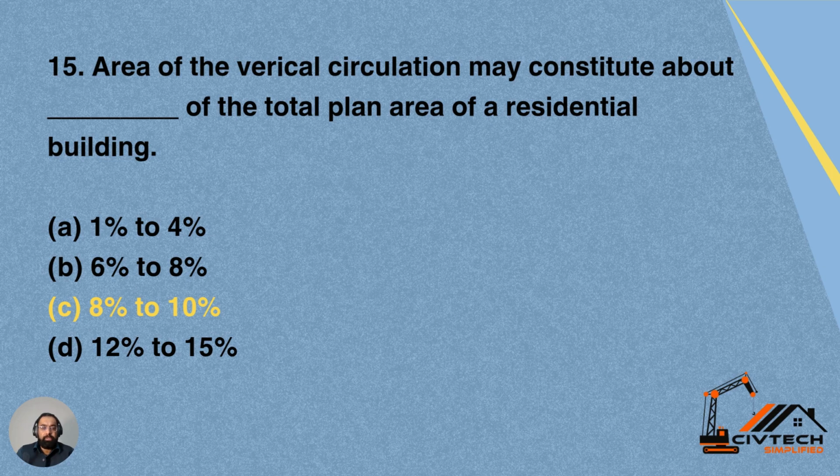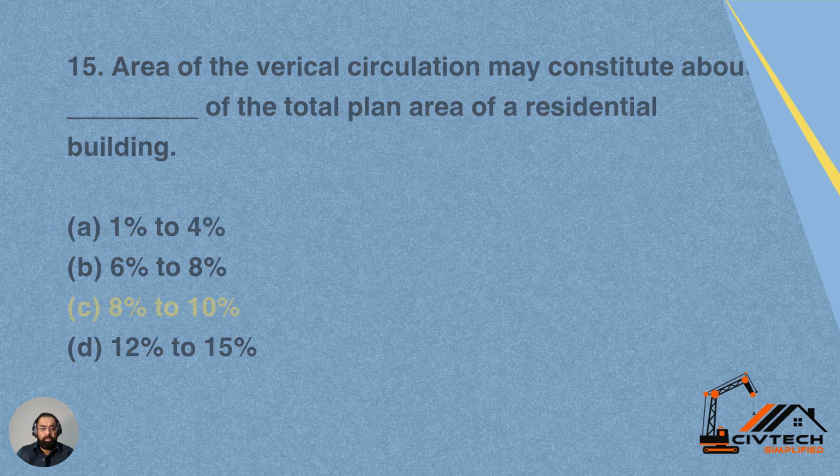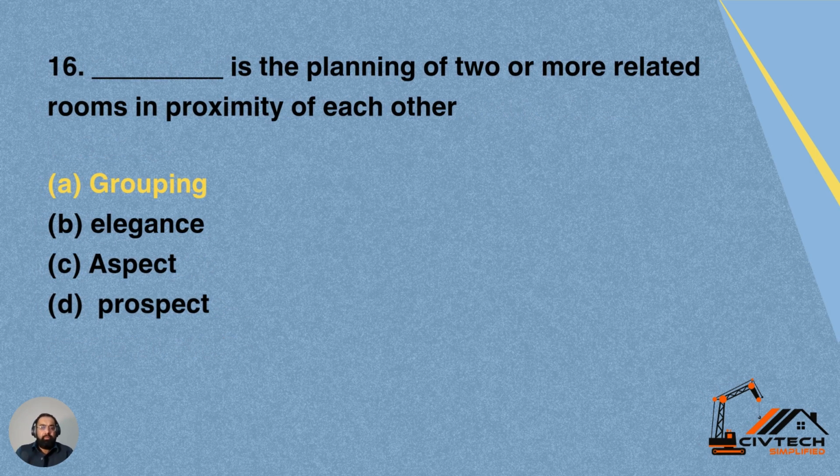The options were A 1% to 4%, B 6% to 8%, C 8 to 10%, or D 12 to 15%. So vertical circulation constitutes 8 to 10% of the floor area. Option C is correct for this question.